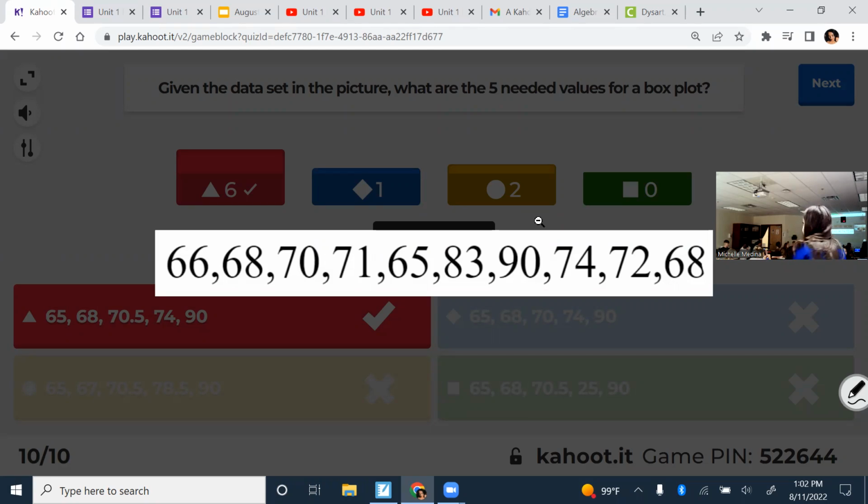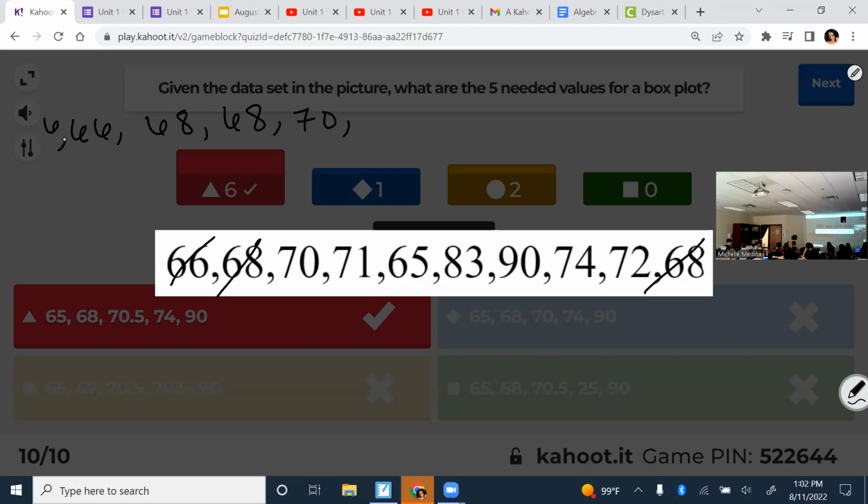I'm asking the question, what is the correct order of the numbers? Just read them out to me. Are you sure? 70.5. Remember, they're not in order, so you have to sort them.